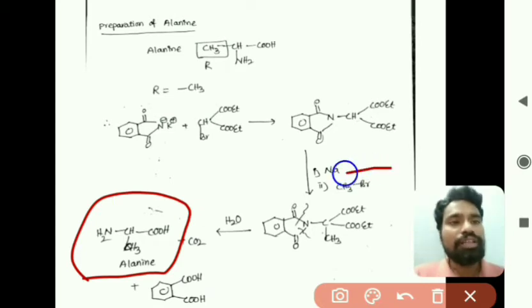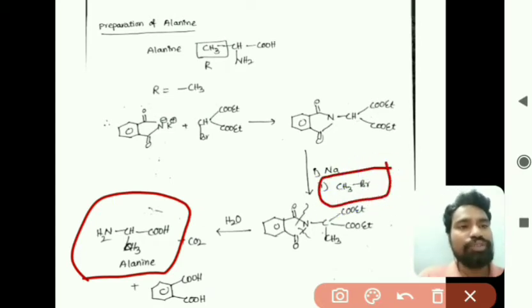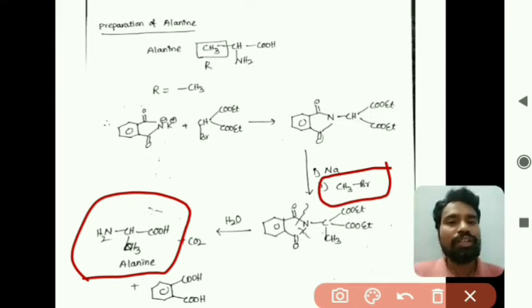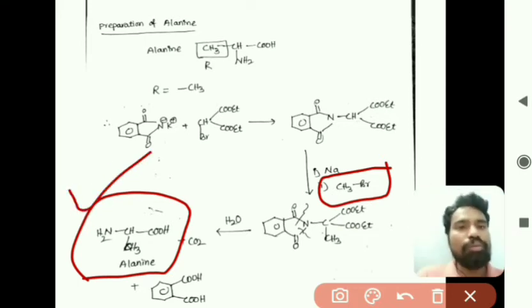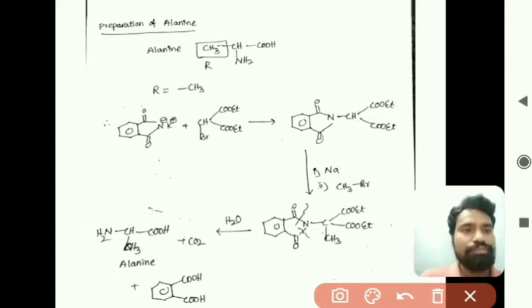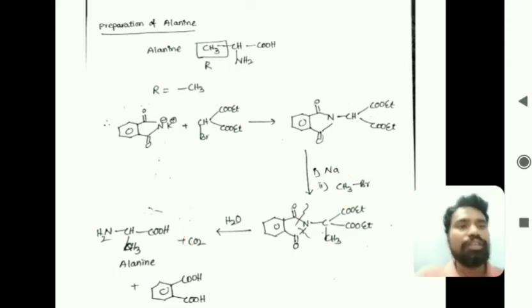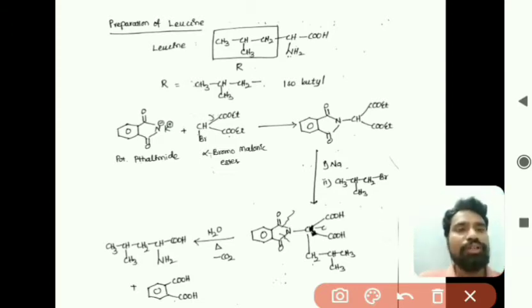So here in the second step, whatever alkyl halide we are reacting is a very important point. Based on that only, the amino acid formed will depend, right. Next is preparation of leucine through the phthalimido malonic ester synthesis, right.